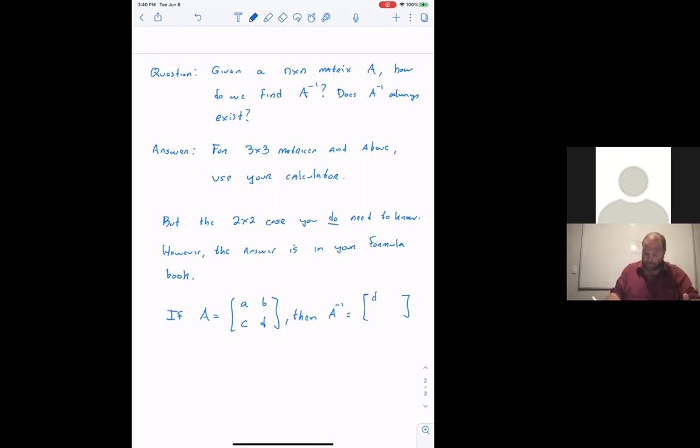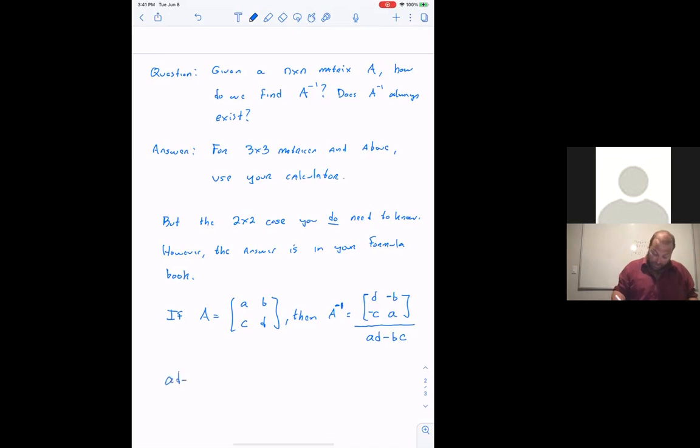So d goes top left and a goes bottom right. You take those two numbers in the minor diagonal and you make them negatives of whatever they are. If they're positive, they become negative. If they're negative, they become positive. And then you divide by ad minus bc, which is the product of the main diagonal minus the product of the minor diagonal. And what you get at the end is A inverse, the inverse of the matrix.